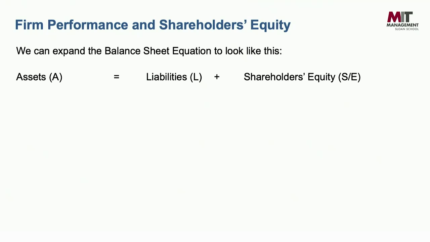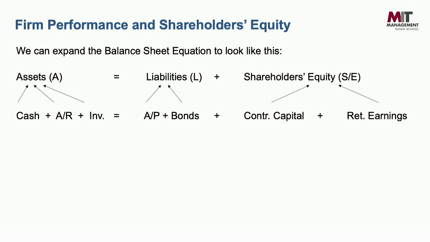And then having observed this, we can expand our balance sheet equation, which is again, assets (A) equals liabilities (L) plus shareholders' equity (SE). Let's think of some examples of assets. Well, there's cash, AR, accounts receivable, INV, inventory.